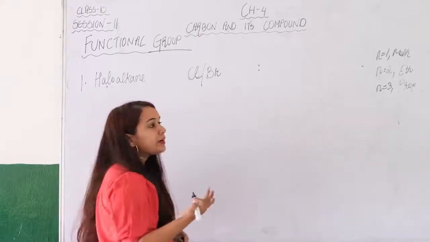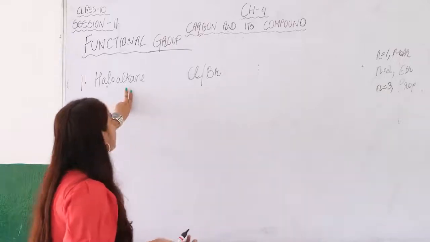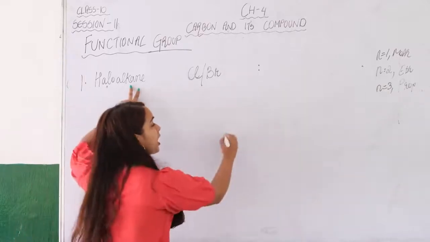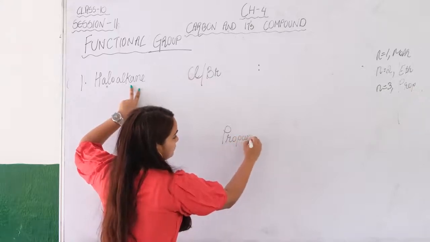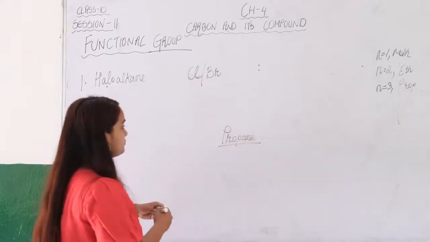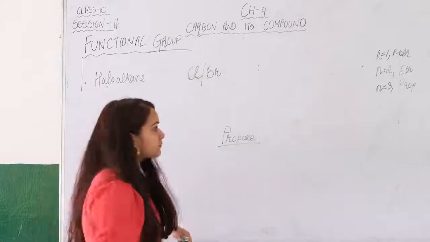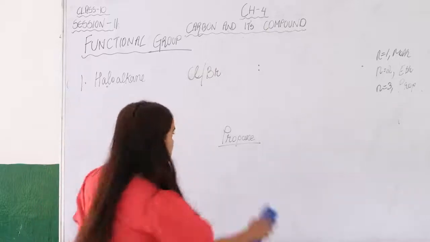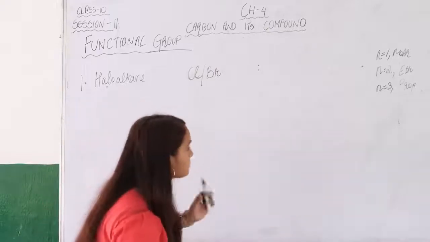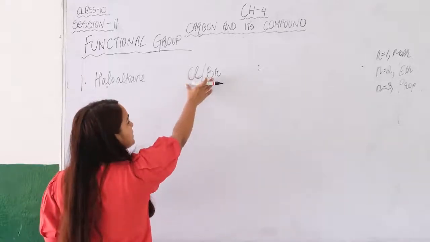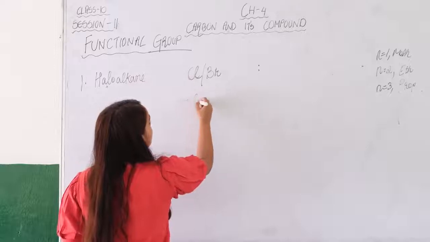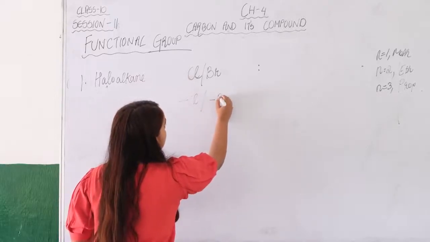That means we will take 3 carbons, and since we are doing it for alkane, the name for 3 carbons will be propane. Now here the functional group which we will be using is chlorine and bromine.